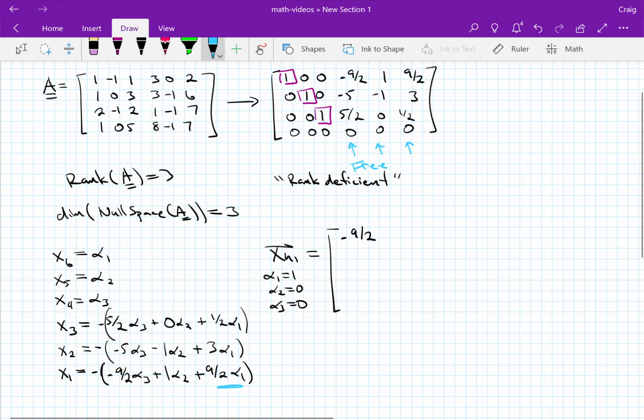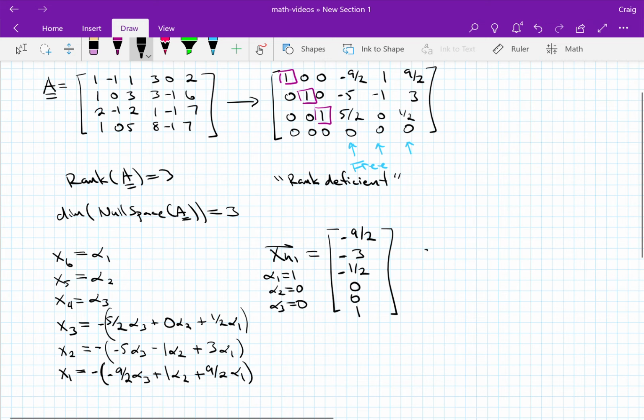That's this slot right there. Then for the number 2 slot, I have a -3. For the number 3 slot, I have a -1/2. For the remaining slots, I'm going to have 0, 0, and 1. So this is our first null vector.